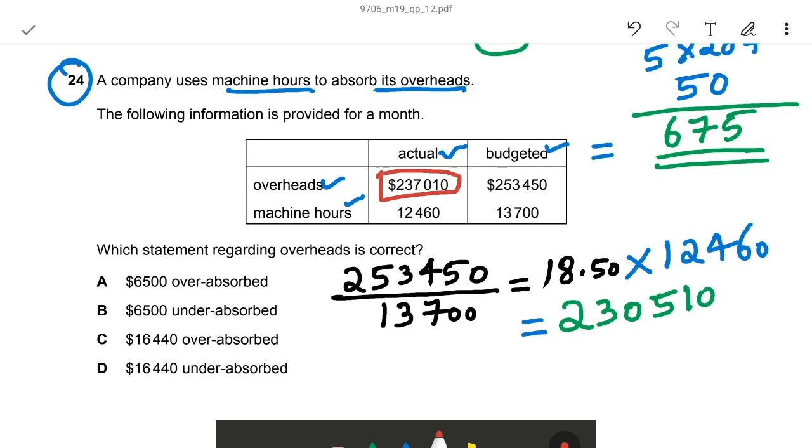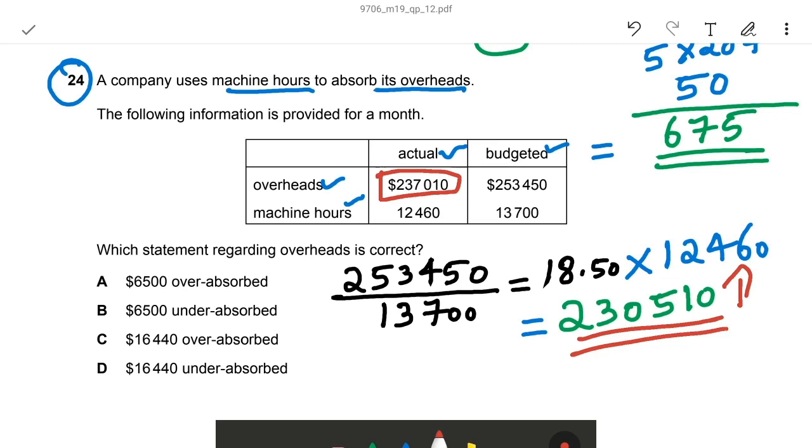But the actual is 237,010, and the absorbed amount of 230,510 is less than the actual. Actual is more than the budgeted.